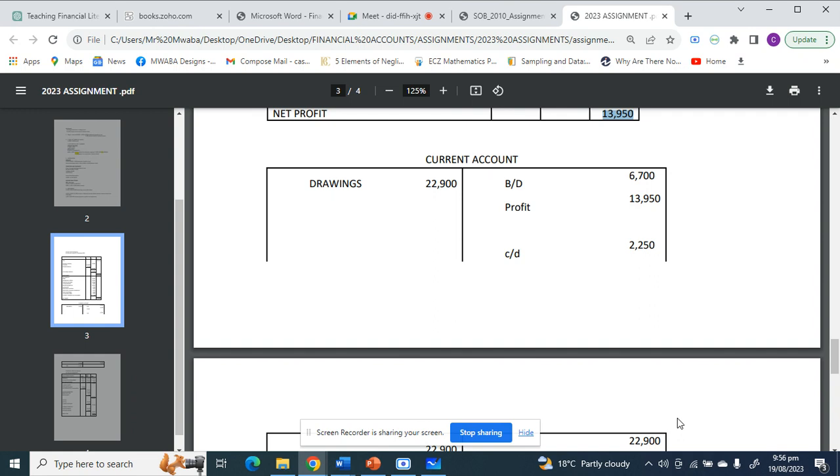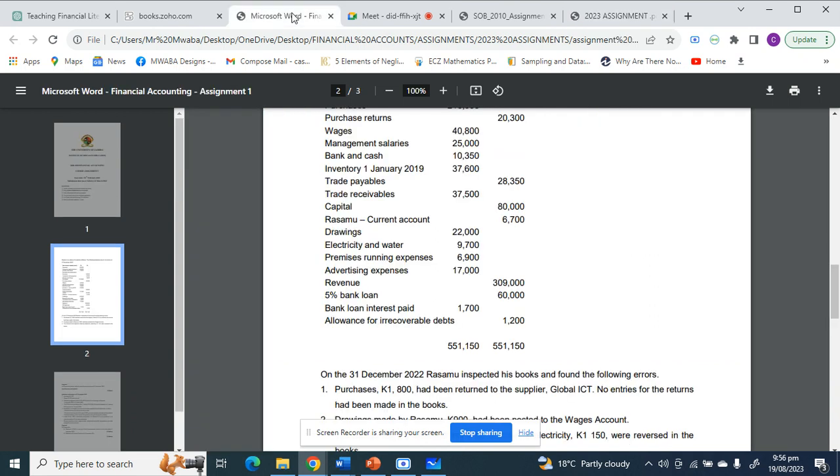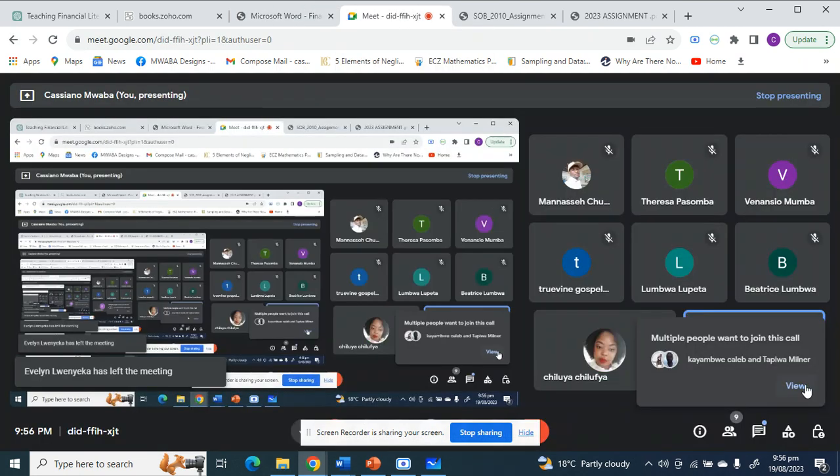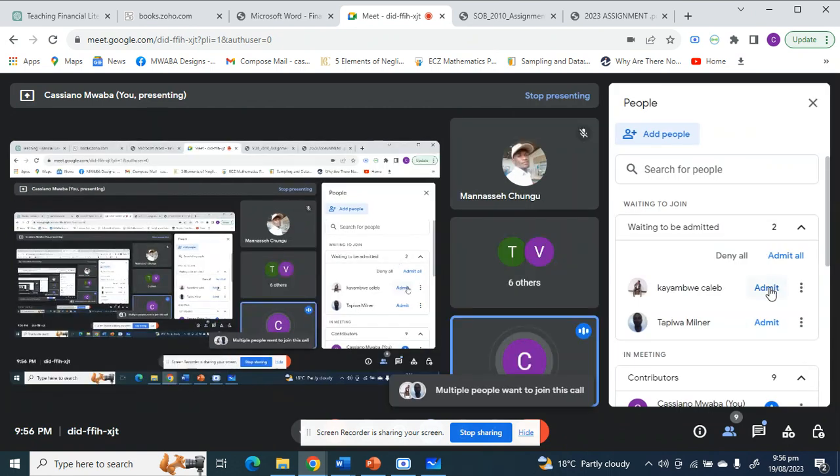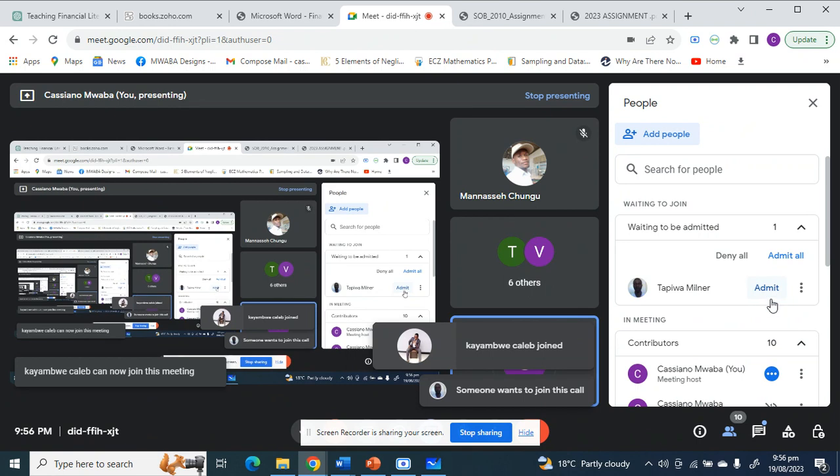So now the first thing that we need to do, since in our trial balance we've seen a current account of 6,700. The purpose of a current account is to keep the capital account fixed.